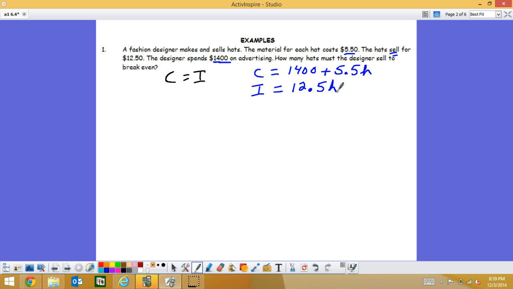So when will the cost, which is equal to 1,400 plus 5.5h, be equal to the income, which is equal to 12.5h? So first thing we want to do to solve this is get the h's on one side by subtracting the 5.5h.